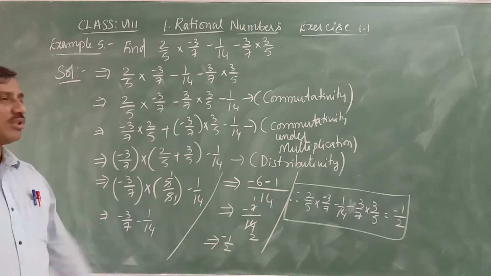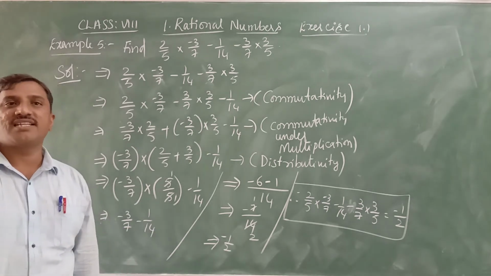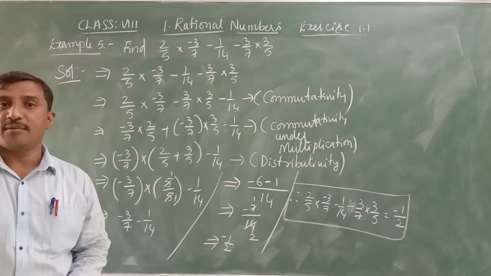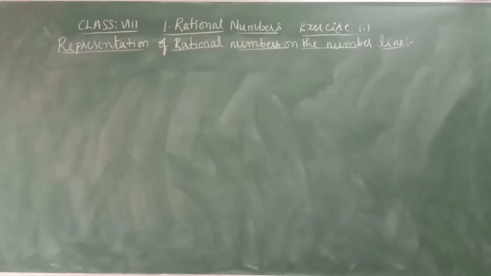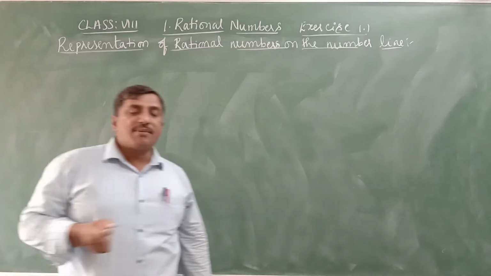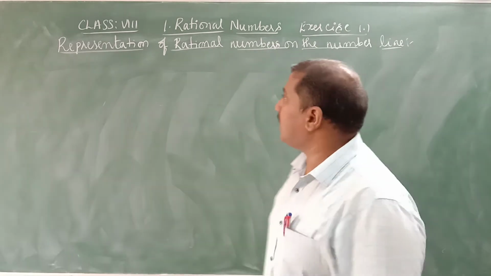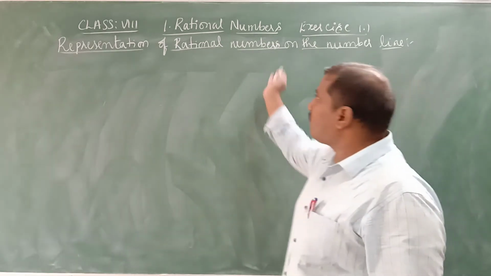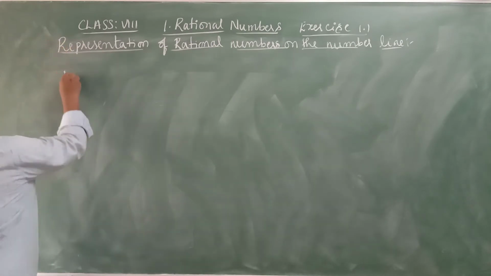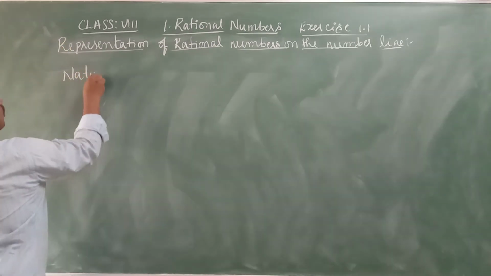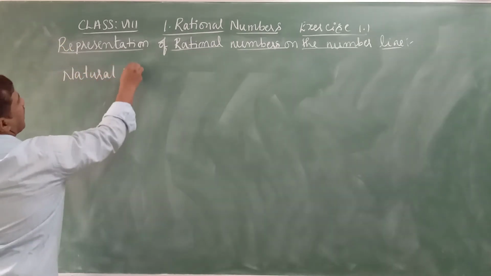Yes. Now we'll move to the next concept, that is representing rational numbers on the number line. Before discussing rational numbers, let us discuss natural numbers. How do we represent natural numbers on the number line?